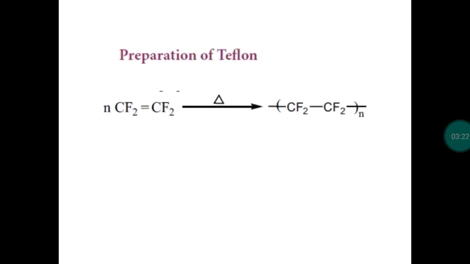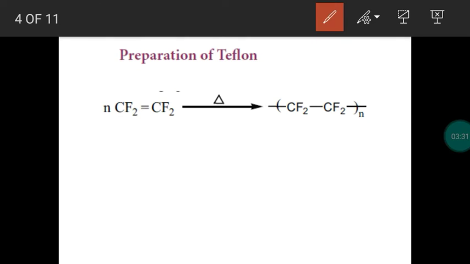Next addition polymer is Teflon. This is a public question. Here the monomer is tetrafluoroethylene. You consider CF2 double bond CF2. This is derived from ethylene molecule. CH2 double bond CH2 is ethylene. All the hydrogen atoms are replaced by fluorine atoms. So we get CF2 double bond CF2.